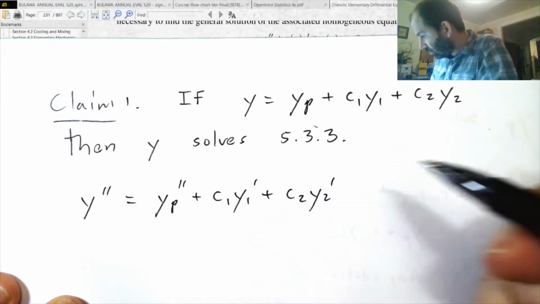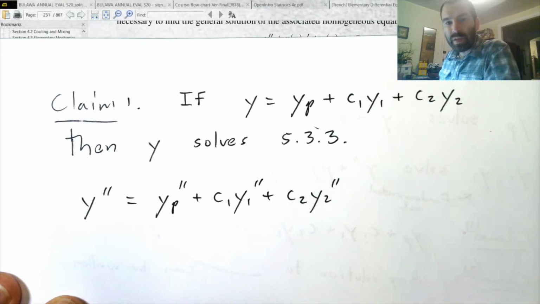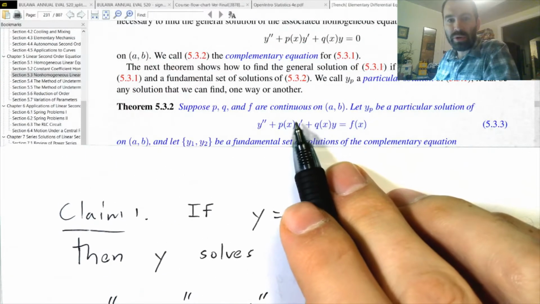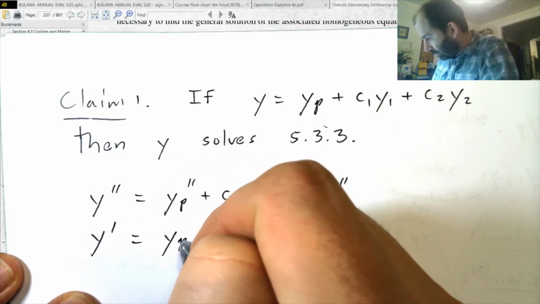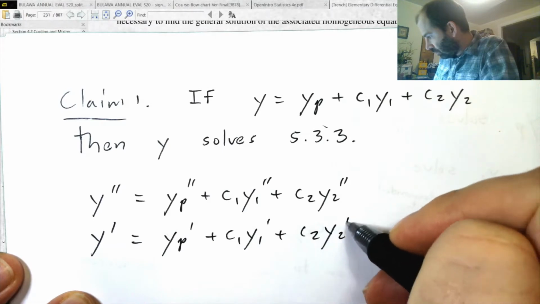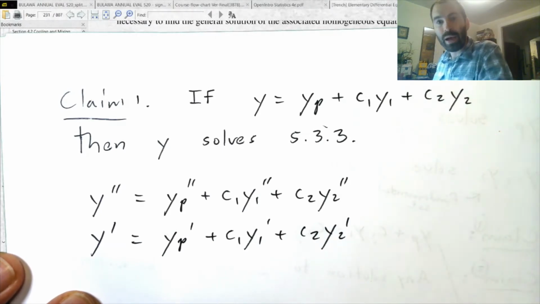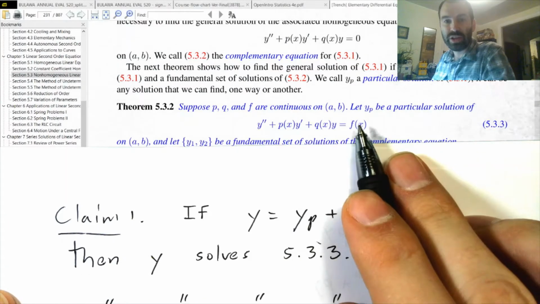I also need the one derivative. And now when I plug this stuff into 5.3.3, I should get f.